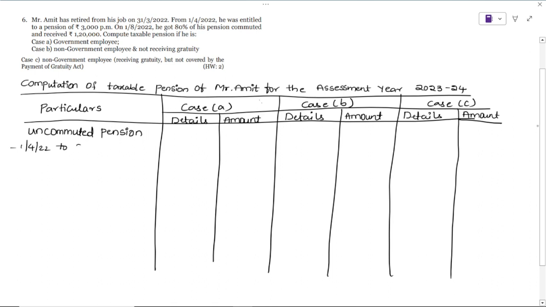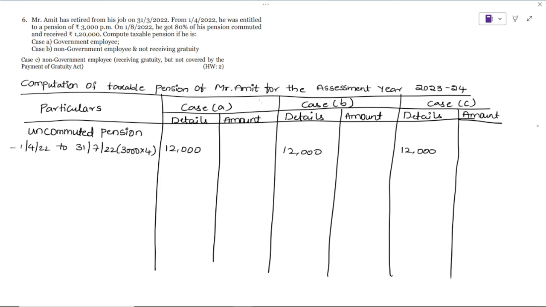So 3000 was the pension, so 3000 into 4, 12,000 each case, correct? Case A 12,000, case B 12,000, case C 12,000. We'll put in details so that we can do total properly. Write down everybody. Very good.